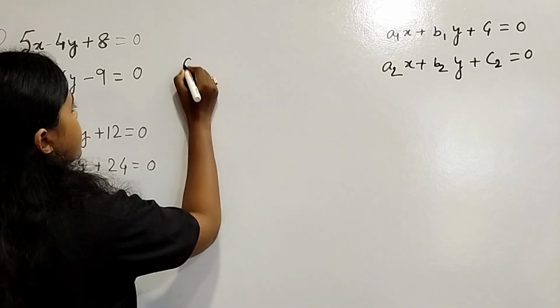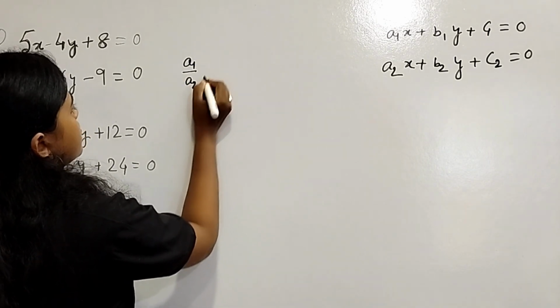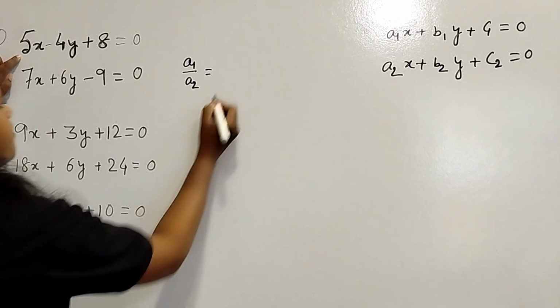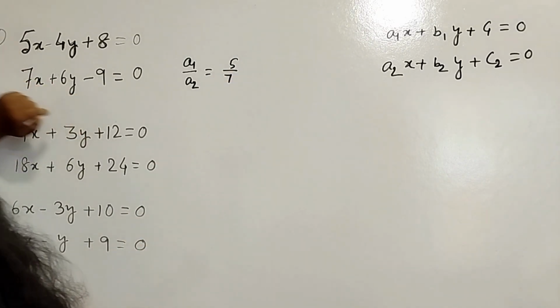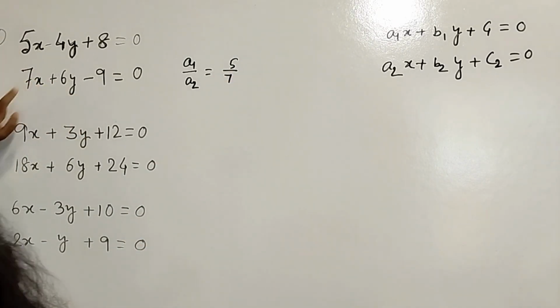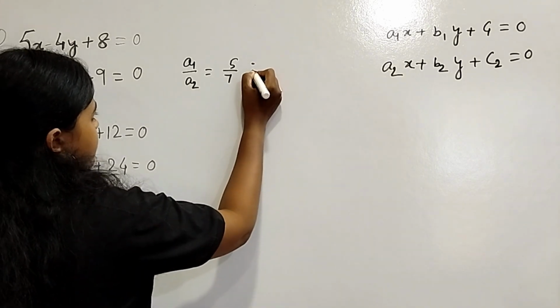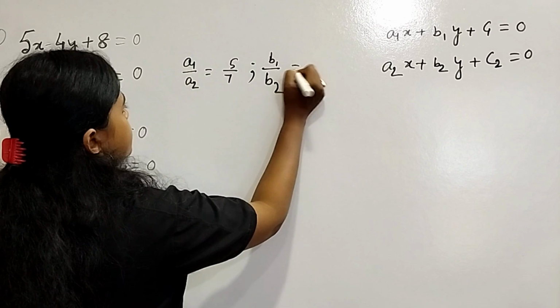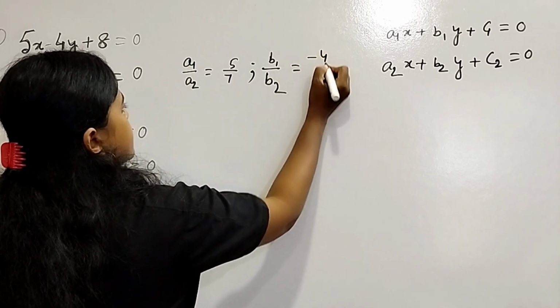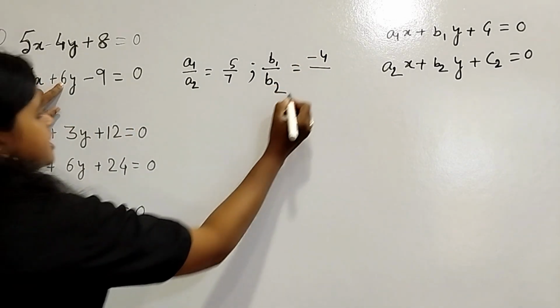So A1 by A2 for question number 1 is 5 by 7, the coefficient of x in the first equation and A2 is the coefficient of x in the second equation. Next, B1 by B2 is minus 4 by 6.